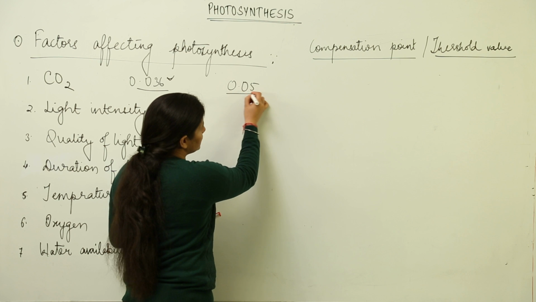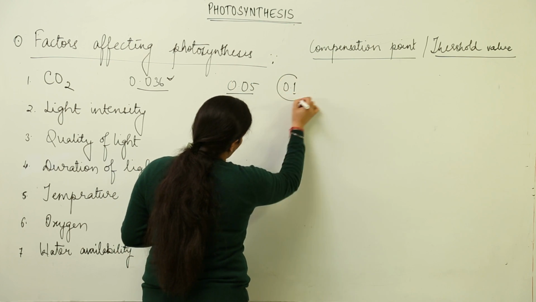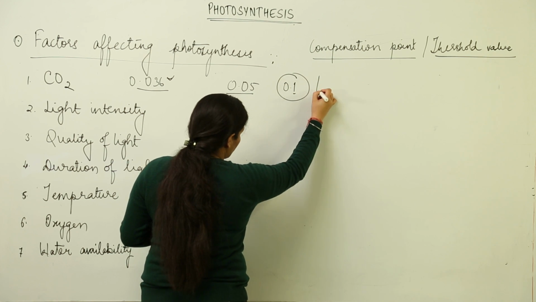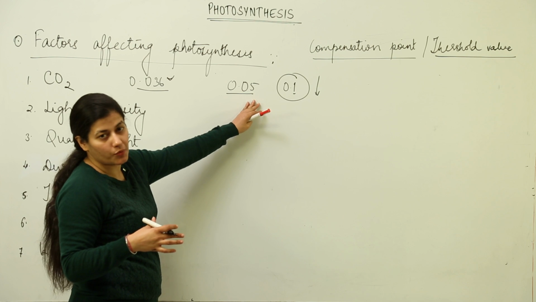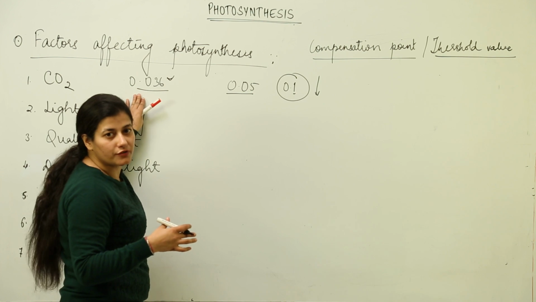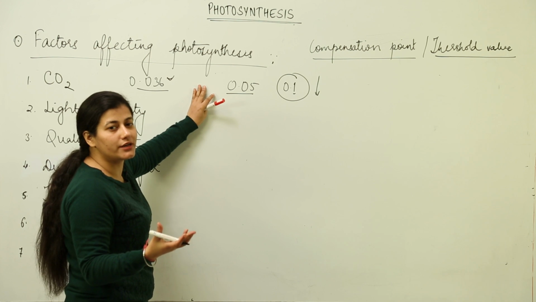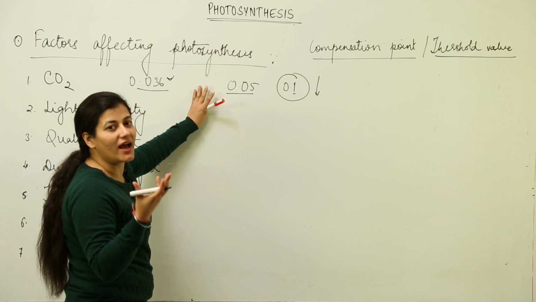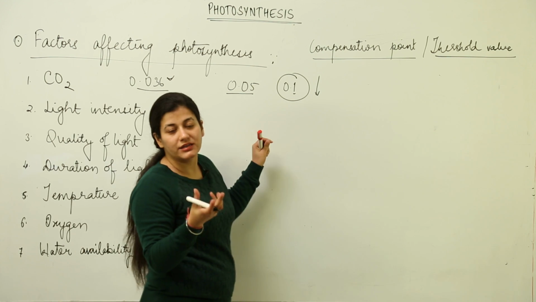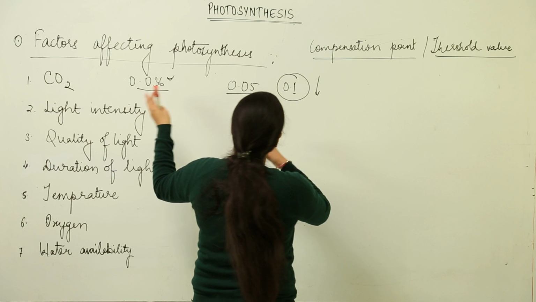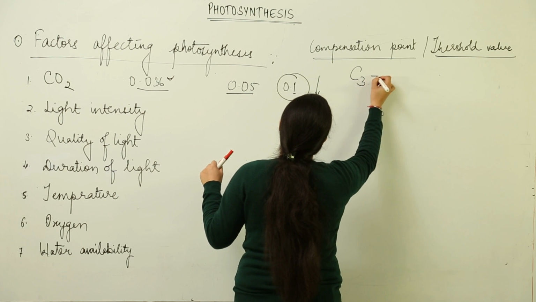So, this is one concentration, but beyond 0.1, if it has been increased to this value, then the rate of photosynthesis would decline, and somehow we would reach the compensation point. So, the concentration of carbon dioxide affects the rate of photosynthesis, and I need not tell you because the effect would be seen as a result of carbon dioxide being the main reactant which gets reduced. It is the main driving force which is responsible for carrying out the process of photosynthesis.